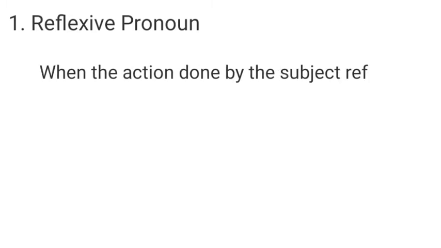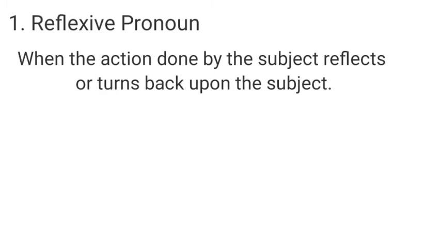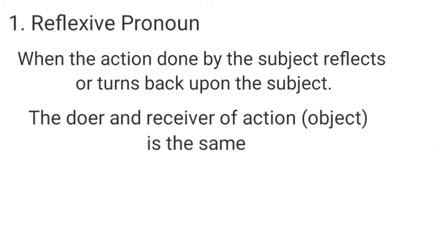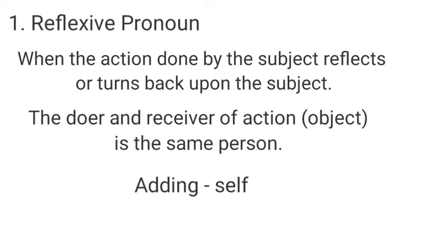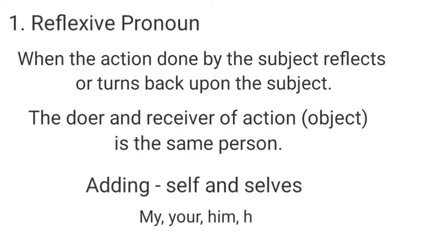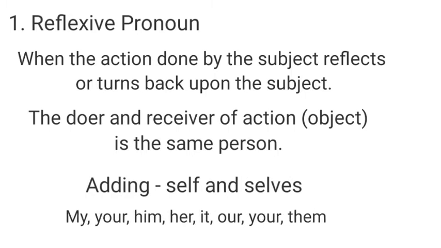The first one which we have is reflexive pronoun, and reflexive pronouns are formed when the action done by the subject reflects or turns back upon the subject. In simple sense, you can say that the doer and the receiver of action is the same person here. Reflexive pronouns are formed by adding self and selves to the respective pronouns like my, your, him, her, it, our, your, and them.